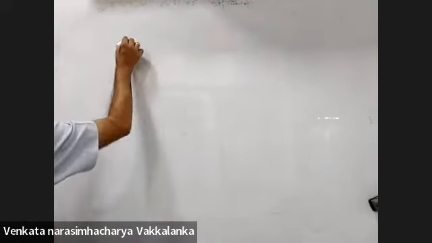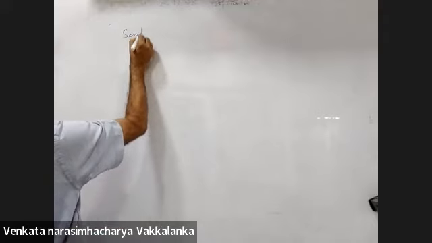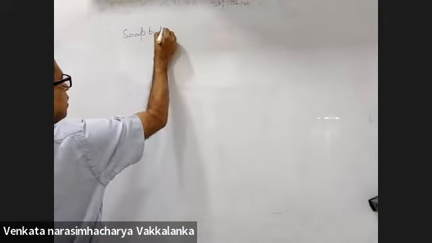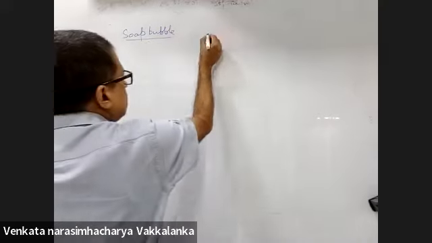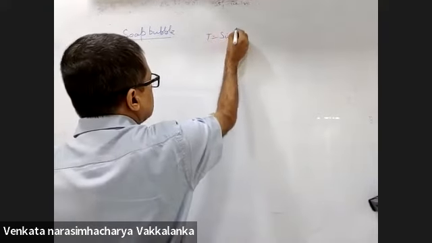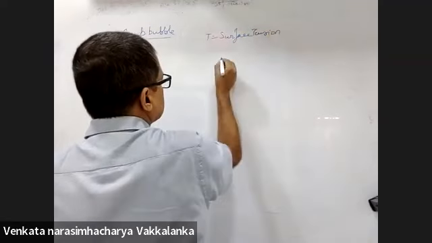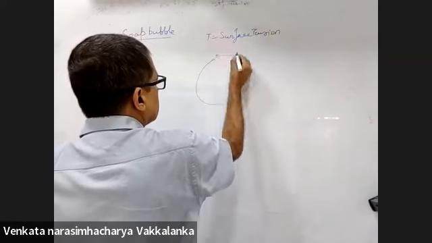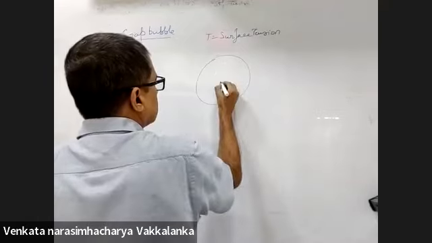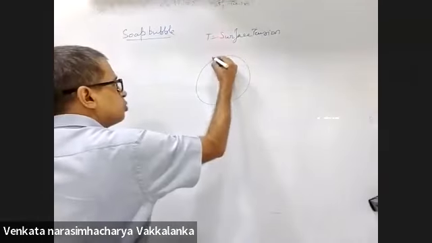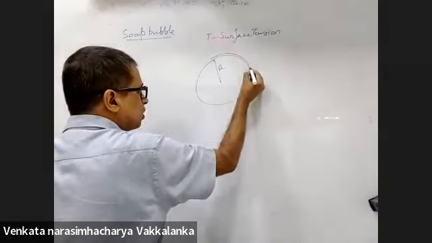Surface tension of soap solution, soap bubble. T is the surface tension. This is of radius r. Soap bubble will have two surfaces.